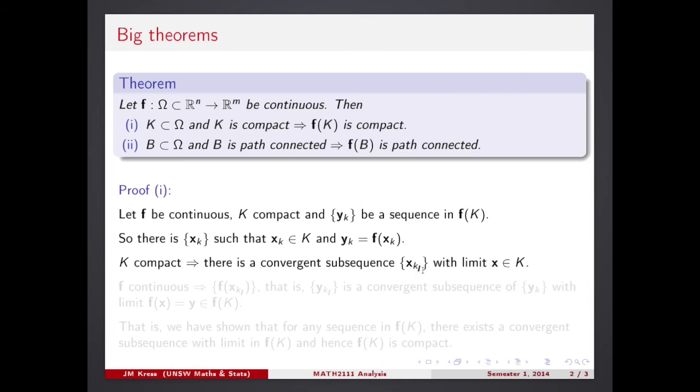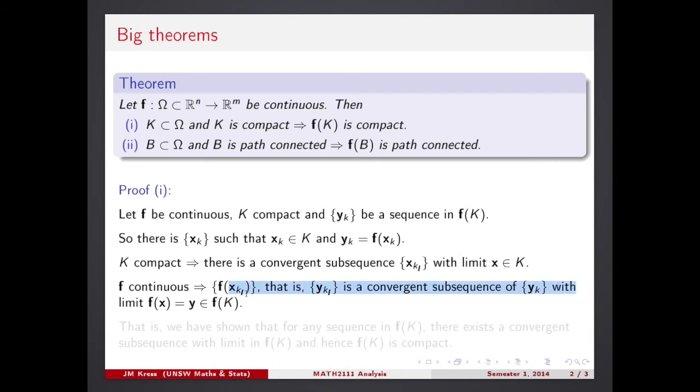That's how you normally write a subsequence. You take a k and you index it with something, k_l, and this subsequence will have a limit. And that has a direct implication for the y sequence, because now if I take images of this subsequence only, and I give a name to them, y_{k_l}, this will be a converging subsequence because x_k was converging and f is continuous.